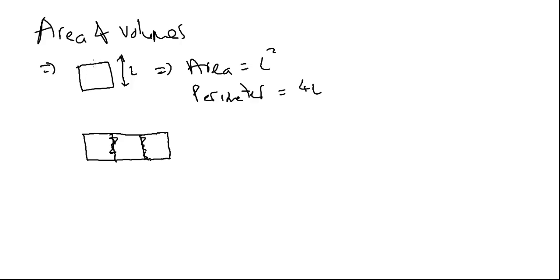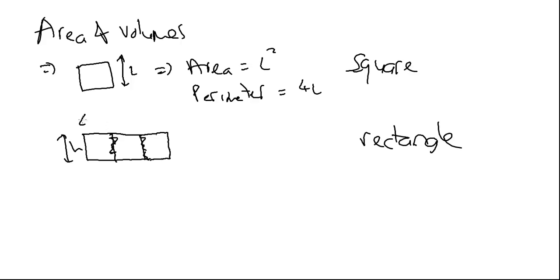In a square, all the sides have equal length, so all you needed to know was the length of one of the sides, and that gives you everything. With a rectangle, no harm giving the names. I could call that the length or the height. So I'll call it height, and I'll call that the width.